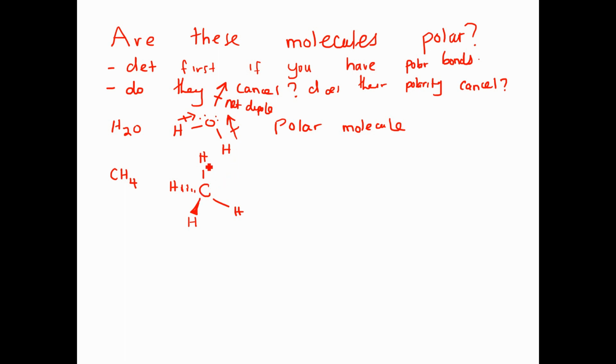Okay, so now, like I said, the Pauling scale of hydrogen is 2.2. I think the carbon is 2.5. All these bonds, if you do the change in electronegativity, you get 0.3, which means all these bonds are nonpolar.